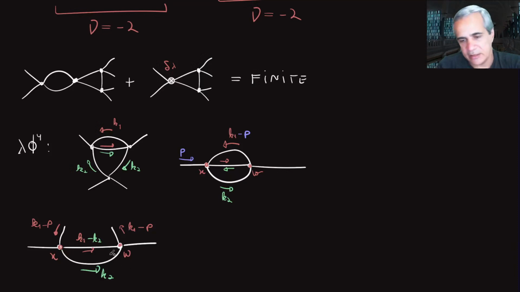And this calculation is a 4-point function. If I forget this upper line, I just say this K1 going out and coming in here is going through very distant from X and W. It's a very long propagator, meaning these guys are really off shell, and this guy is closer to being on shell.